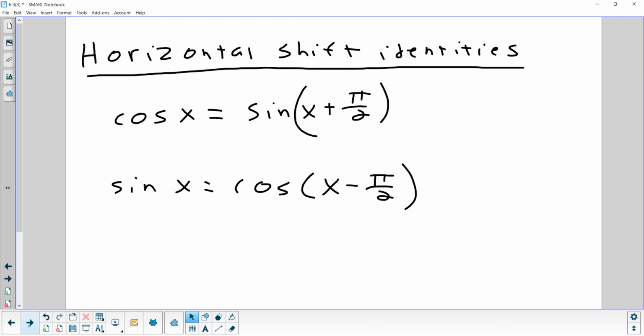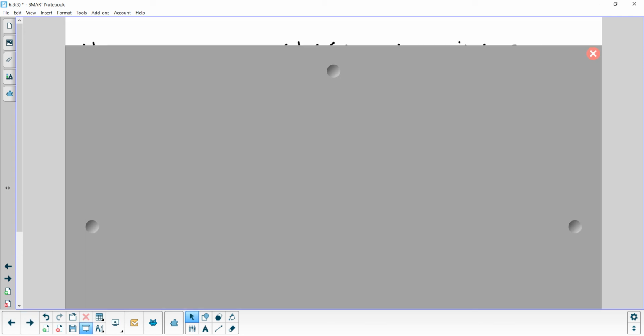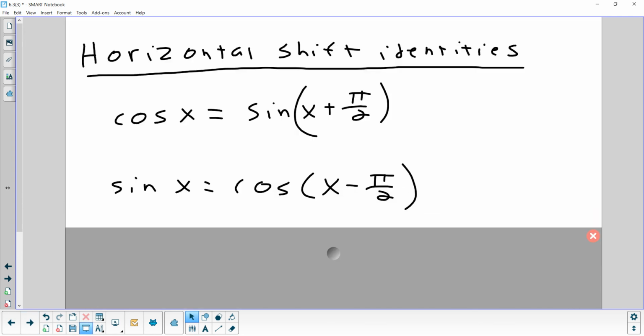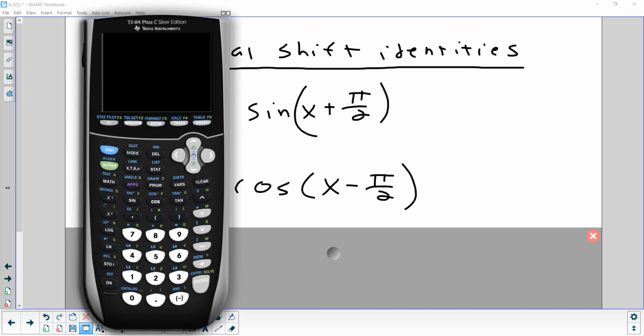So let's take a look at 2 special properties about sine and cosine. These are what we call identities, which means it's a formula that is true all of the time. It's not true for certain values of x, it's true for every value of x. And it basically is explaining that sine and cosine are just phase shifts of each other.